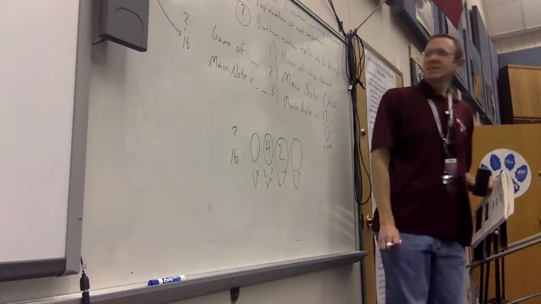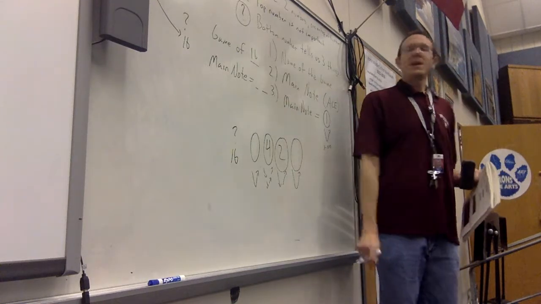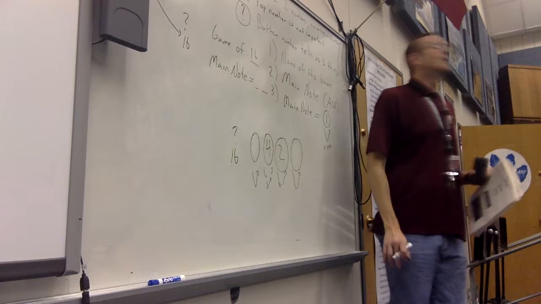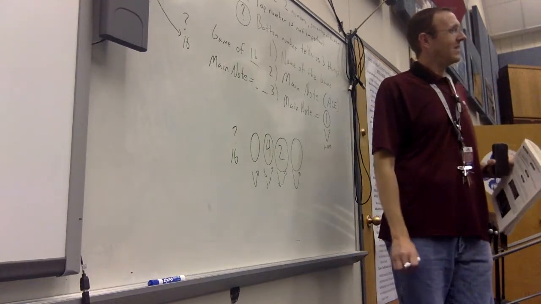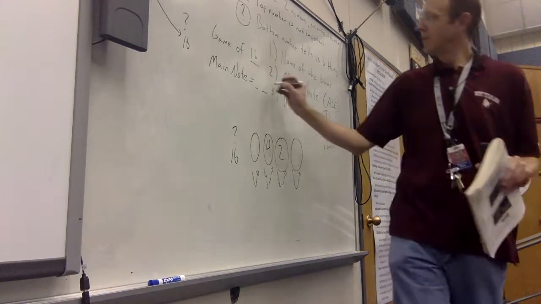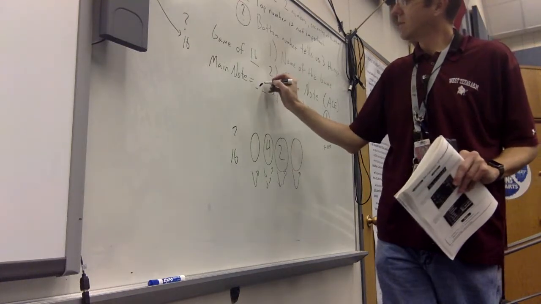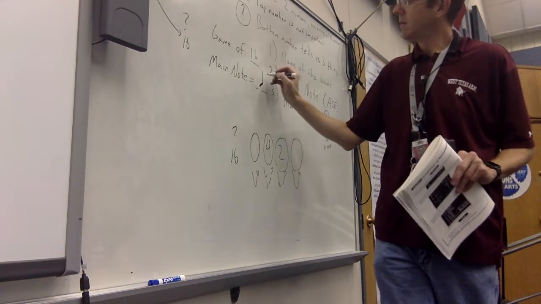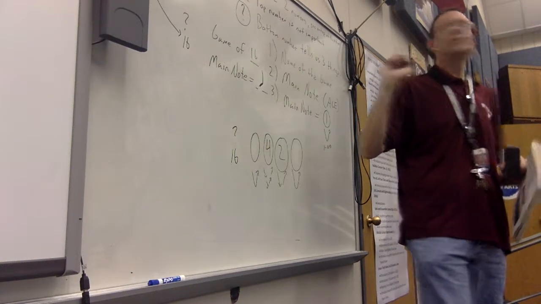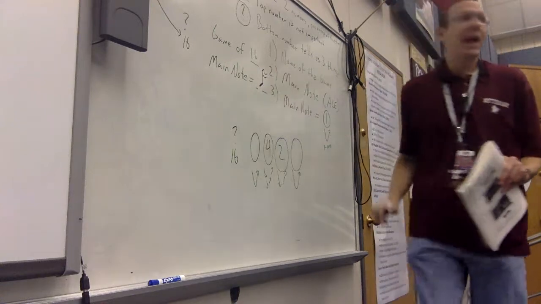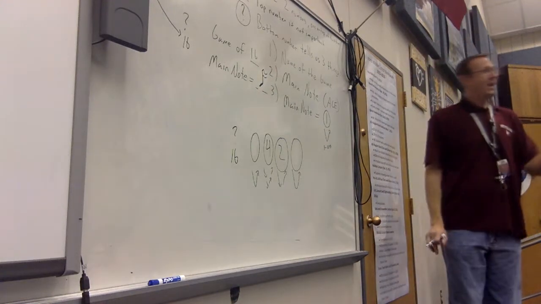Brock, in the game of 16, what is the main note? It's a 16th note. Good. Najan, what does that look like? It's a filled-in whole note with the stems and 3 flags. 3 flags? No. 2 flags. Okay. Now, the last important thing, Nevaeh.